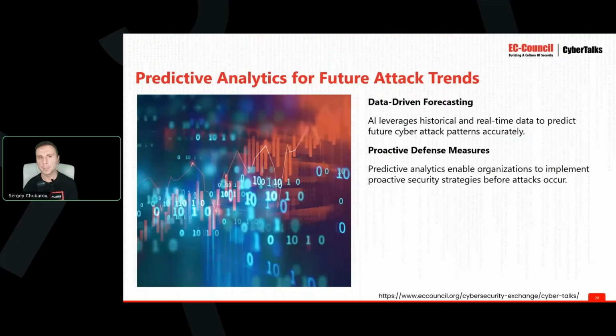Mostly we do that in protection. If we analyze the number of attacks, we can make predictions about future attacks, but it can also be used from the other side. So predictive analytics enable organizations to implement proactive security strategies before attacks occur.